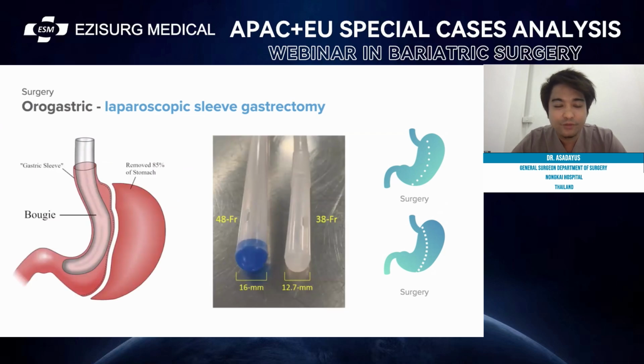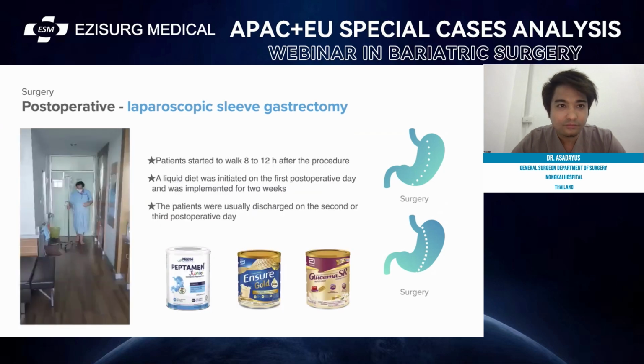In this series, we use the orogastric 38 French bougie. Postoperatively, the patient will start to walk within 8 to 12 hours after surgery.